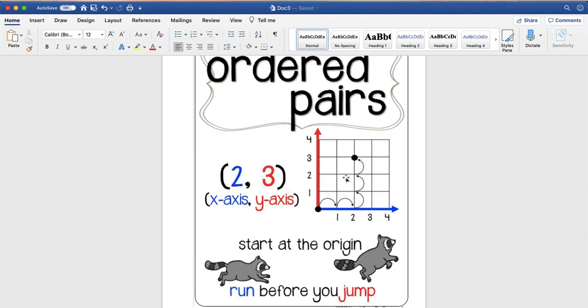Now, when there are other points plotted on our graph, we need directions on how to get to those other points. So we always have to start off at our home base, and our home base is our origin, where the 2 lines meet. So we're always starting off at our origin.